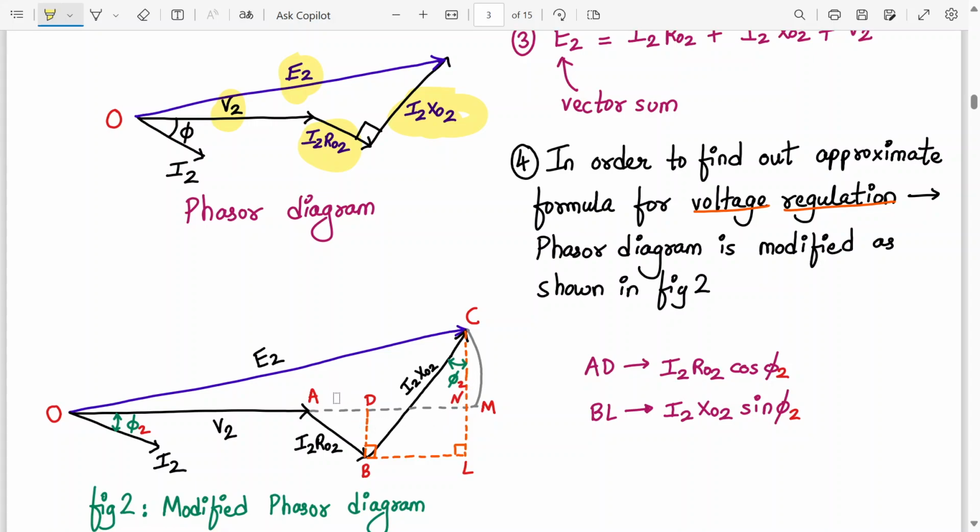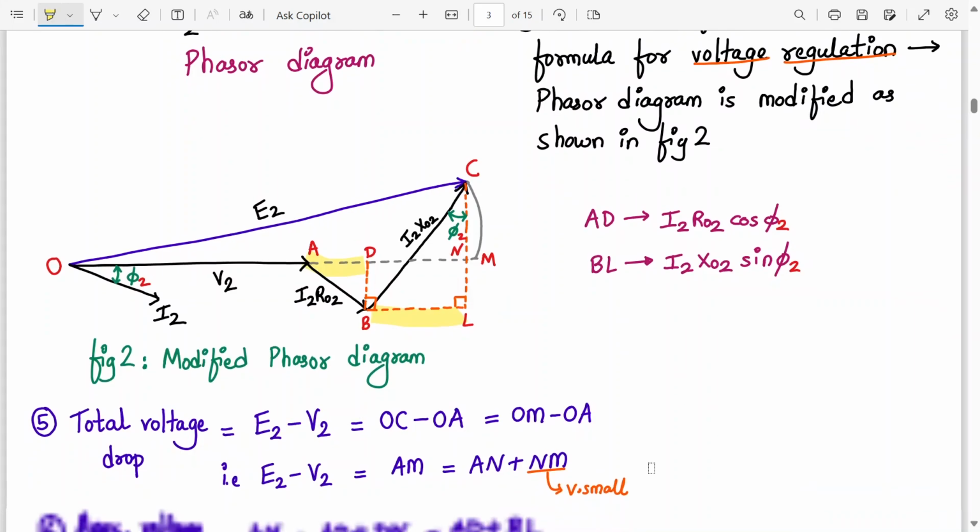This is the adjacent side, this is the opposite side. AD is the adjacent side here, so it will be I2 R02 cos phi 2, and BL is the opposite side, I2 X02 sin phi 2. Did you understand these two statements for this geometry? Yes, sir.